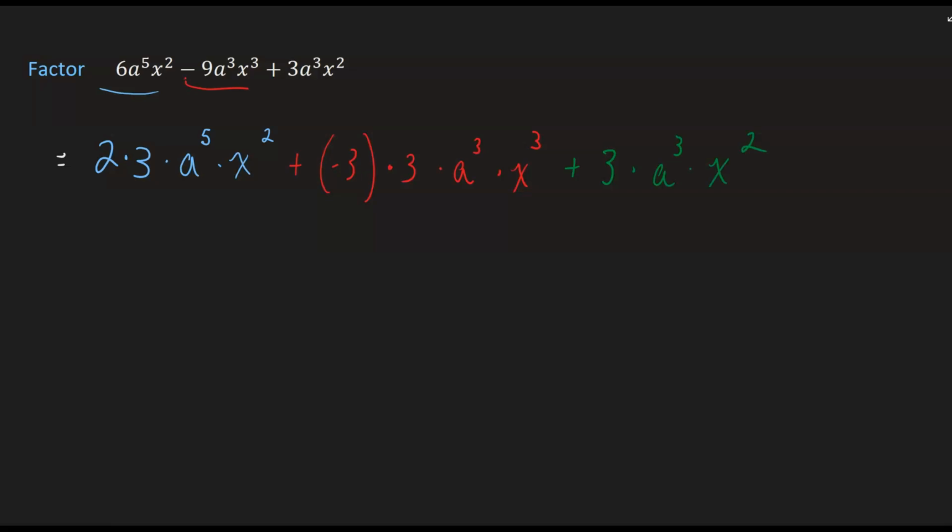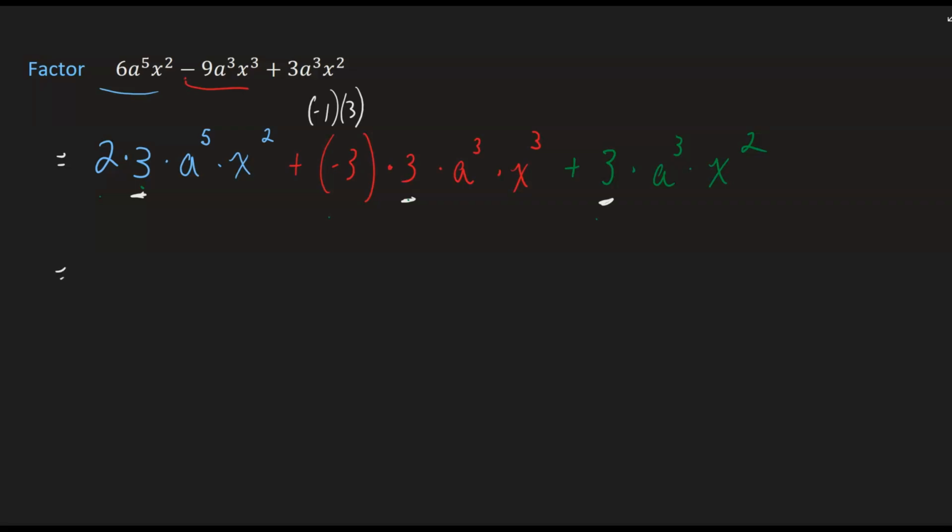All right, looking at the numerical coefficients, the greatest power of each common factor. Is 2 common in all of them? No, so 2's out. Is 3 common in all of them? Yes, we have a 3 here, a 3 here, a 3 here. And even if it was only the -3, we could have written this as -1 and +3, so that would not affect it.